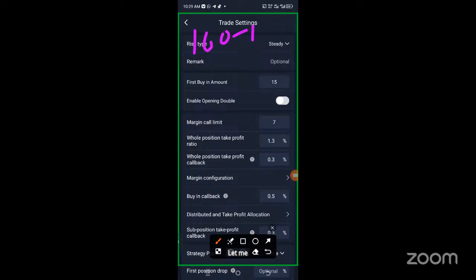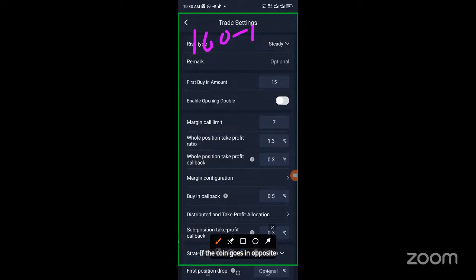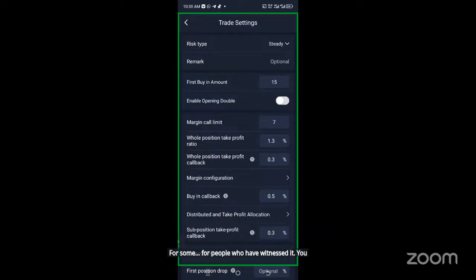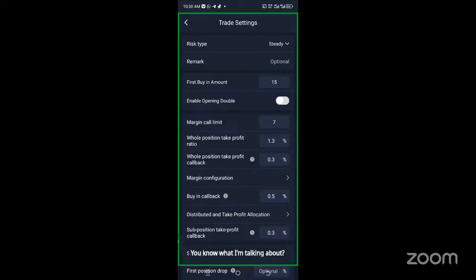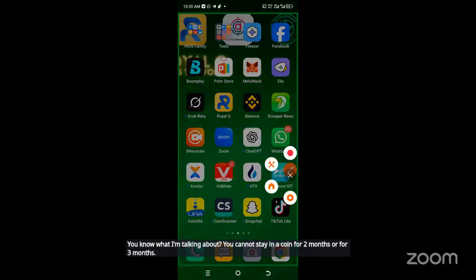Let me tell you, in futures, there is no staying in floating loss for a longer period of time. If a coin goes in the opposite direction, that means liquidation is real. For people who have been liquidated, you know what I am talking about. You cannot stay in a coin for 2 months or 3 months. It is a deal done.